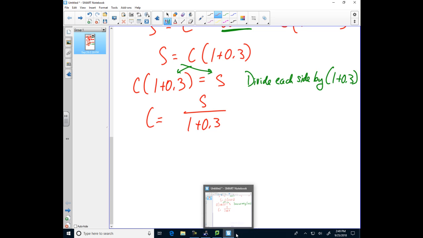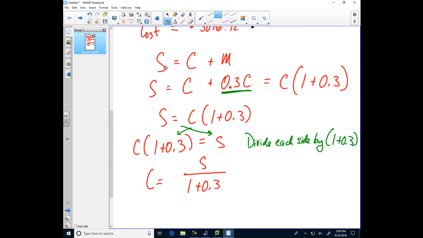And it started out with this basic relationship right here. Your selling cost equals what you paid for it plus your markup. Okay? So these formulas you see here on page 226 and 7, they're all based on this. We just do a little math on them and get them in a form that makes it a little bit easier for us to work with. Now, once they get rearranged and you know what's going on, you could use all these formulas and don't have to worry about where they came from.